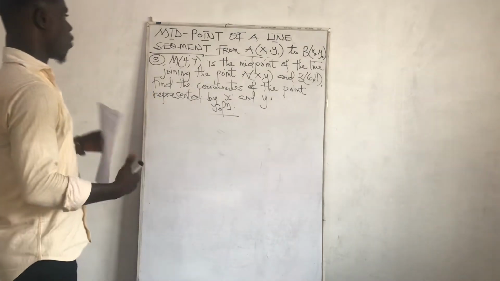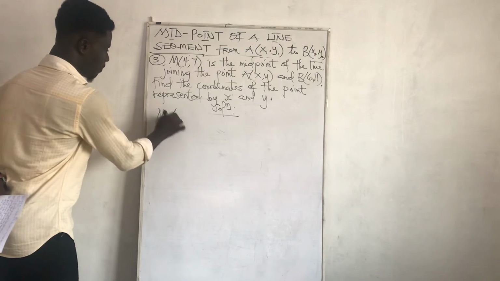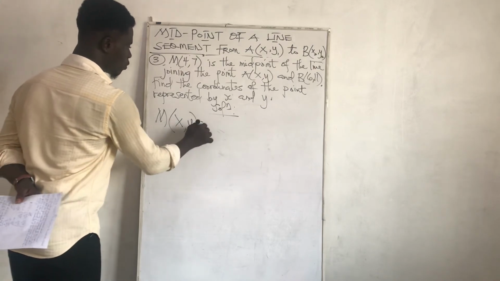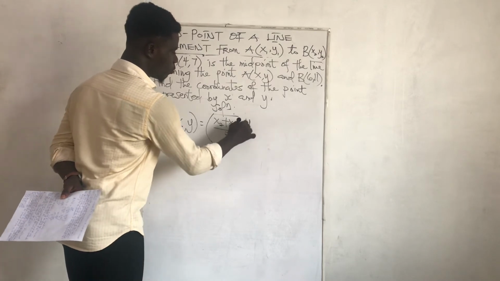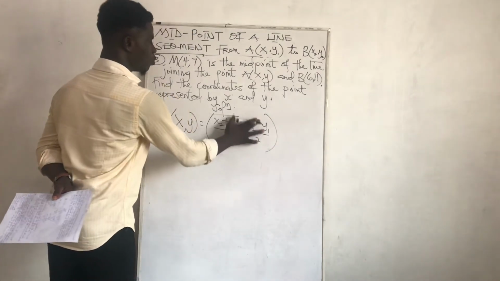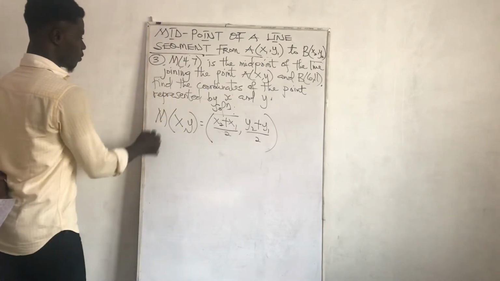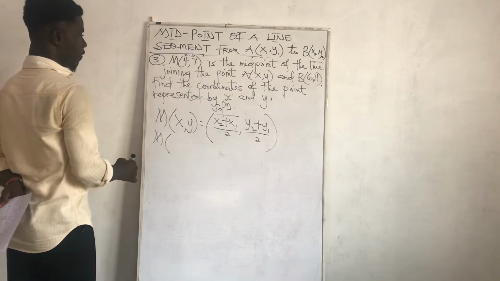So we start by writing our formula: M(x, y) must be equal to ((x2 + x1)/2, (y2 + y1)/2). So now, M, this is x, then this is y, right?